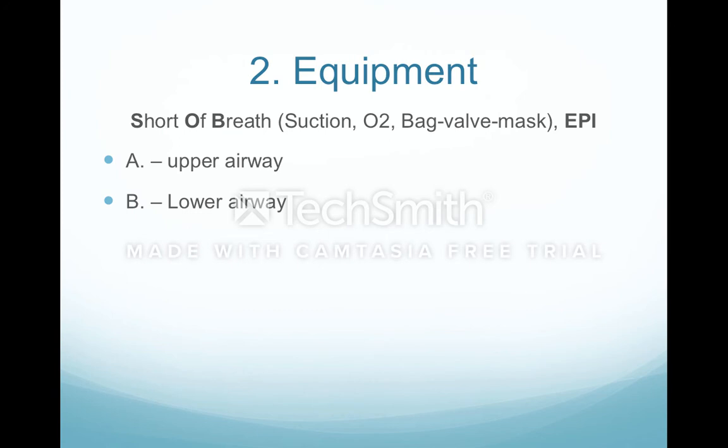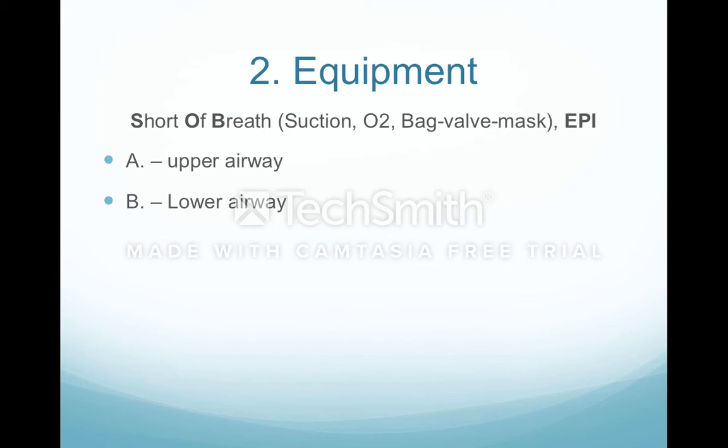Number two, you have equipment. So what equipment are you going to use? So you've gone through all the procedures in the no equipment phase. We use the mnemonic SHORT OF BREATH, and then EPI. So short of breath stands for suction, oxygen, bag valve mask, and then the epi is for epinephrine, for an anaphylaxis airway.